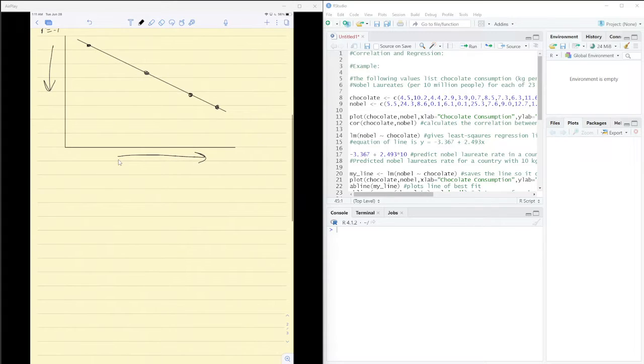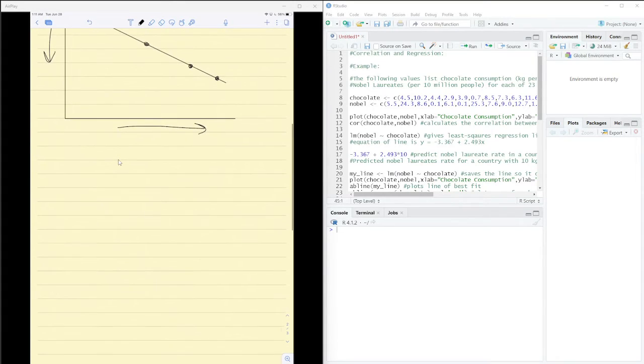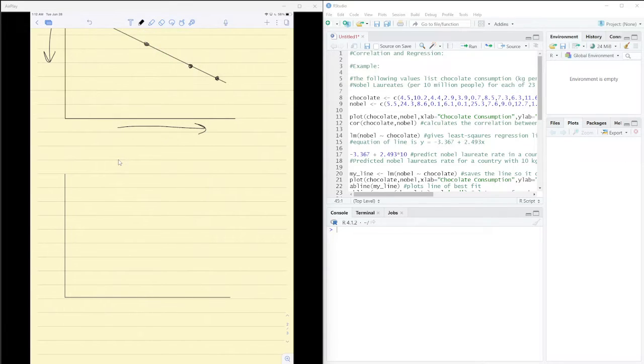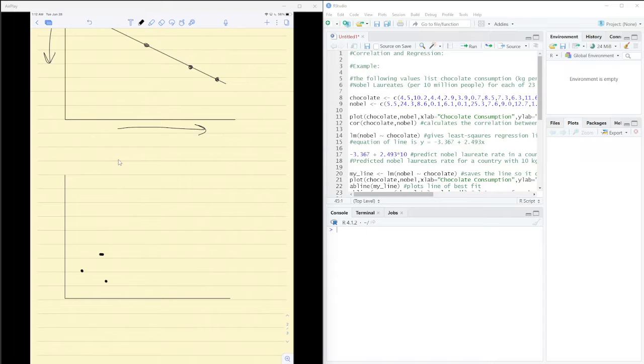Now, you get into something like this, where you don't have a perfect linear relationship. Say we had a scatter plot that looks something like this. Actually, I'm going to make my pen a bit more bold. There we go.